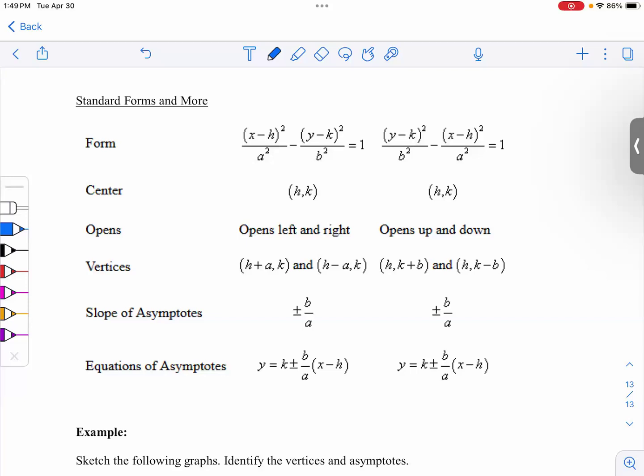In both cases, the b value divided by the a value, y equals plus or minus the b value, that gives us the slopes of the asymptotes. And then you do point slope form. I mean, that's all this last one is, the equations of the asymptotes. So they just give us something else to find.